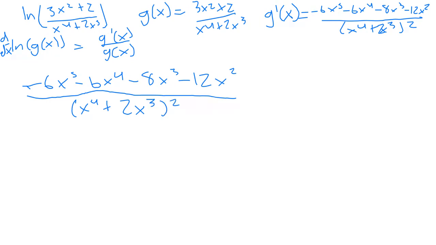Now, just to clean things up a little bit, let's say we're going to have 1 over g of x. So let's multiply this times 1 over 3x squared plus 2 over x to the 4th plus 2x cubed.